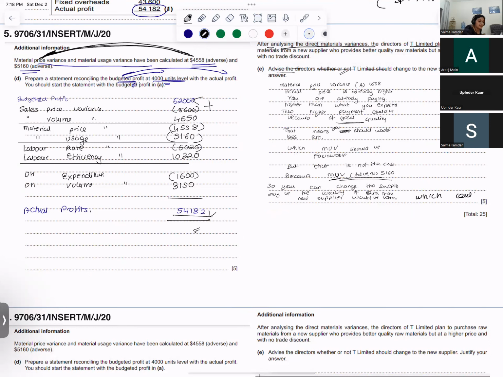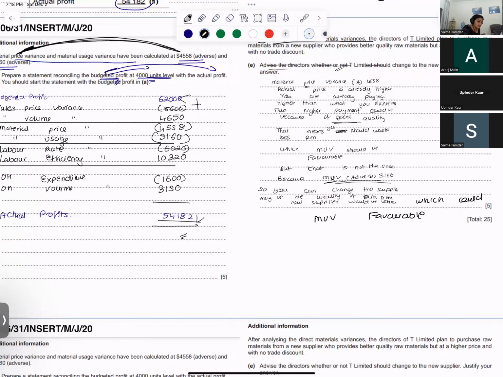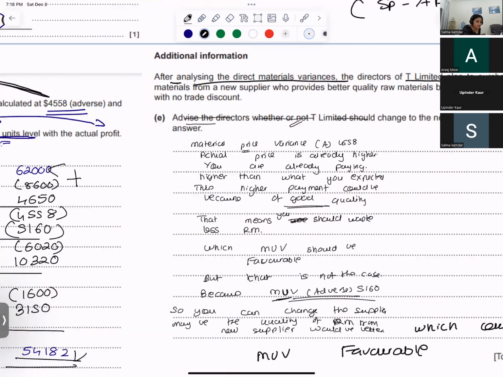We are implying that the first supplier was not giving good material even while asking for so much money.